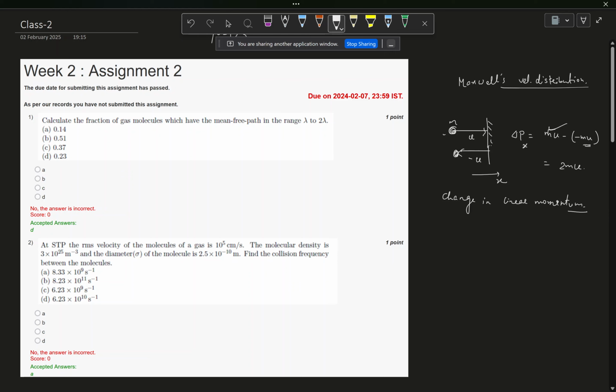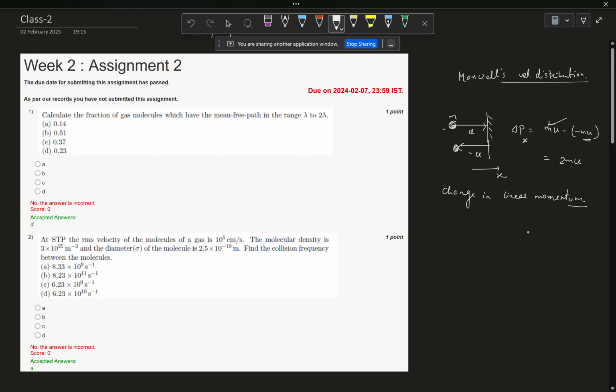This kind of thing is only valid when the motion of the molecule is a linear sort of motion, a translational motion, like if the molecule is moving in the x direction, or the y direction, or the z direction.